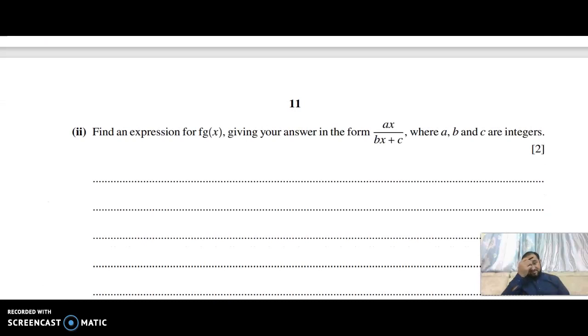Okay, in the next question it says find an expression for f of g of x. So f of x was given, which is 3 over 2x plus 1, and g of x was given, which is 1 over x plus 2.